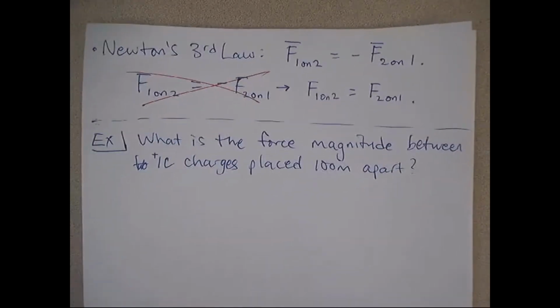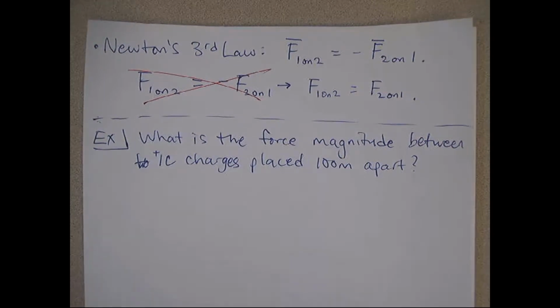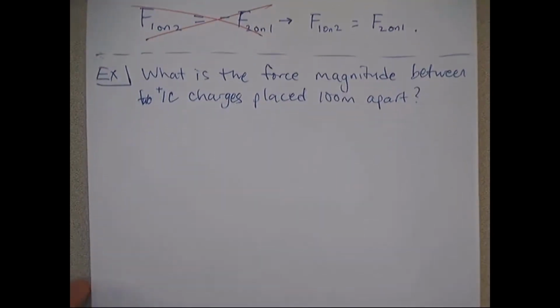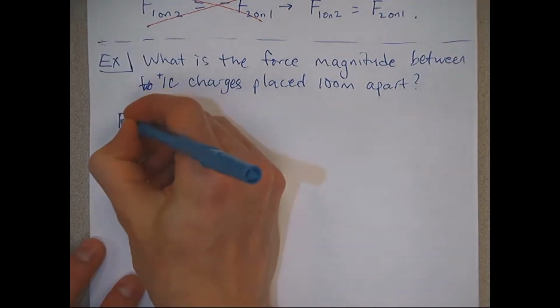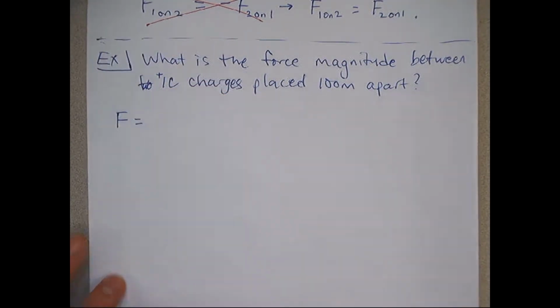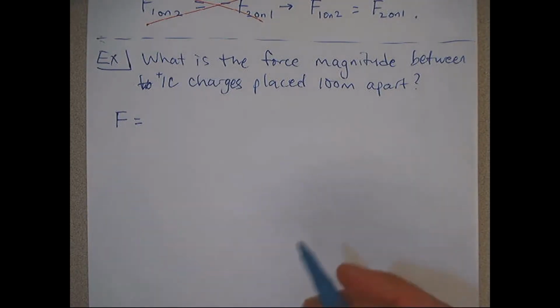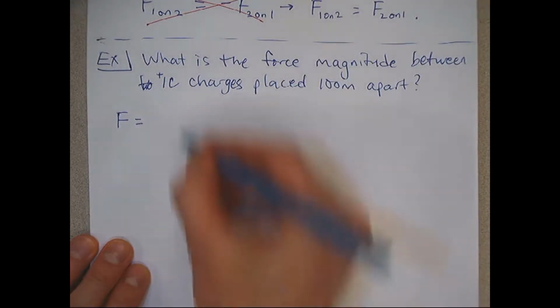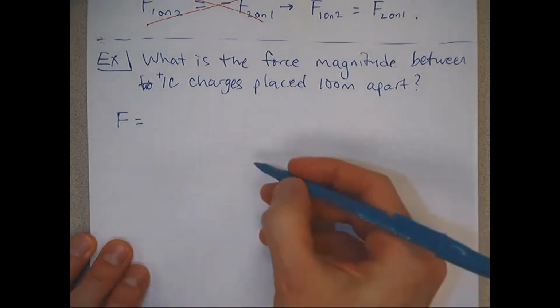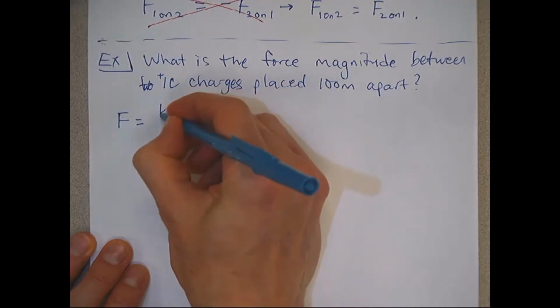The Coulomb, as you will learn, is an extremely large amount of charge. And if you're working force problems with any significant fraction of a Coulomb, you're going to find some hefty forces involved.